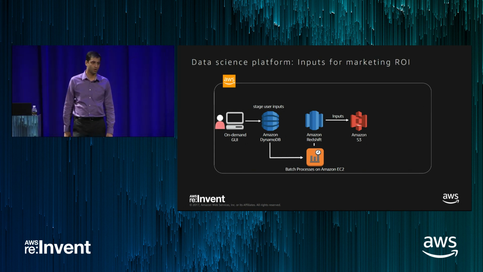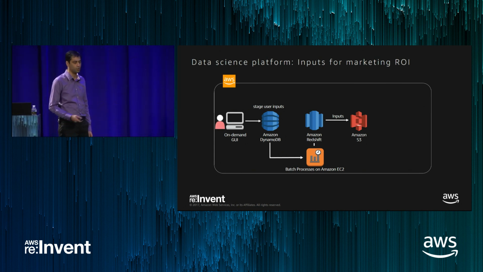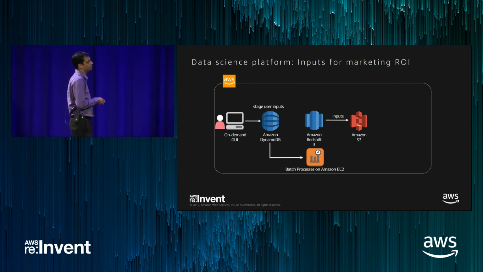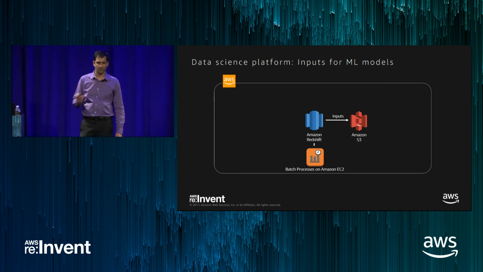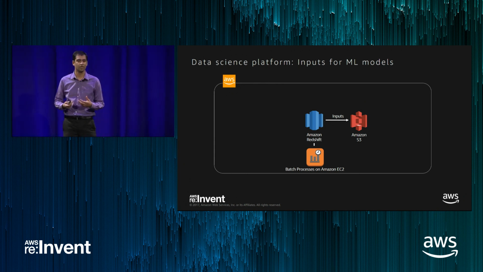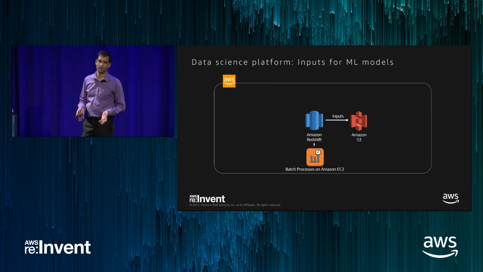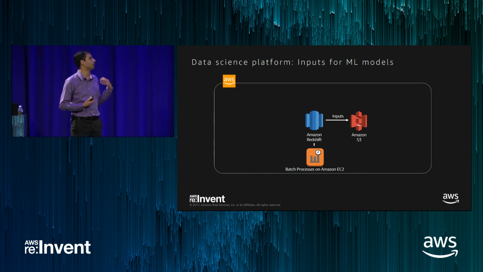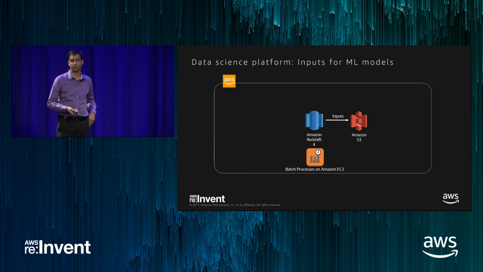We currently allow up to 10 concurrent requests to be processed using this solution. For ML model runs, it's a simpler process. We have batch processes running that kick off on a fixed schedule, and then it runs the scripts and pushes the input data for our ML models in S3.